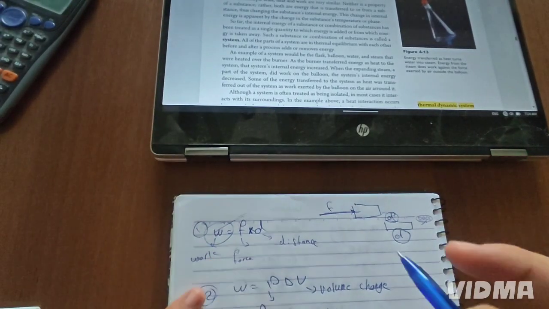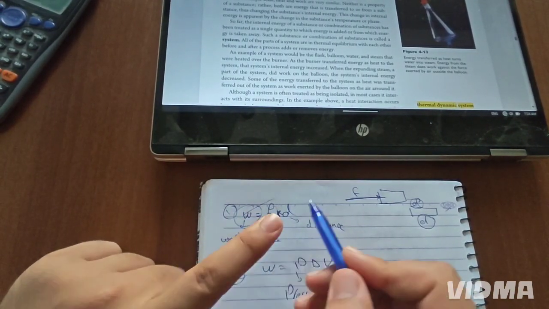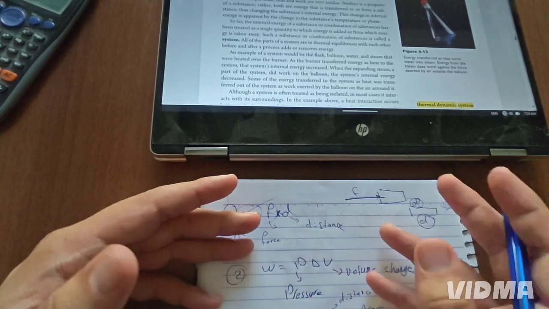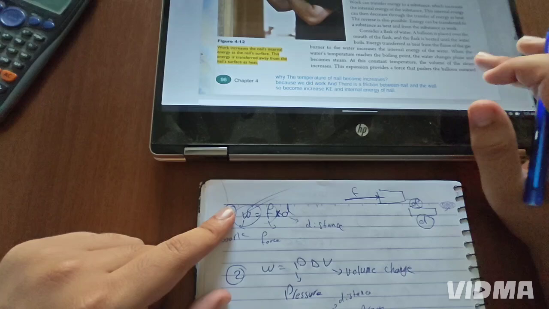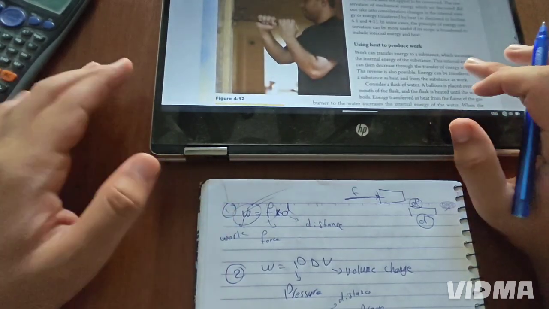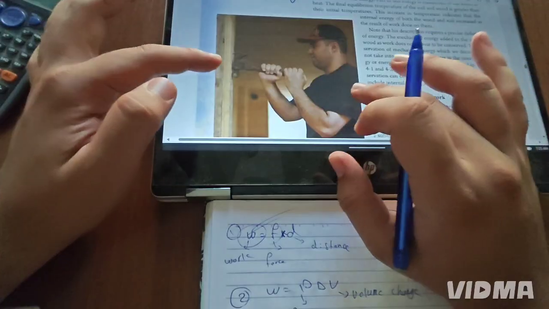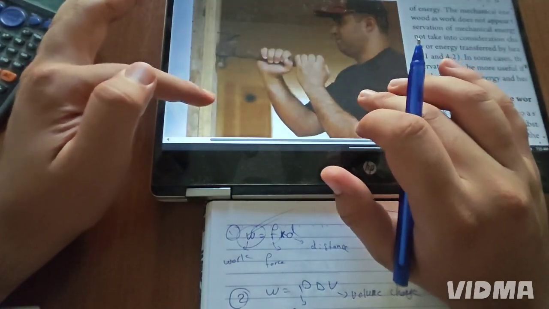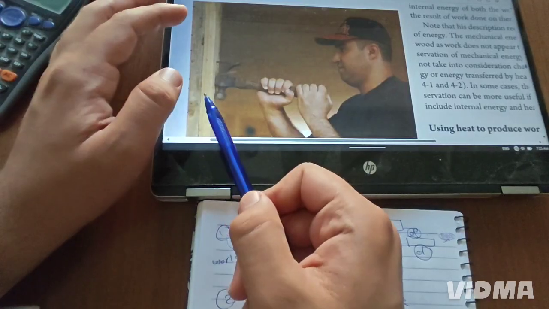Now we understand what work is. Work means applying force to an object. If this object takes some distance, this is called work. Good. Look at this person. What is he doing? He's trying to take out this nail that is stuck inside this wall.